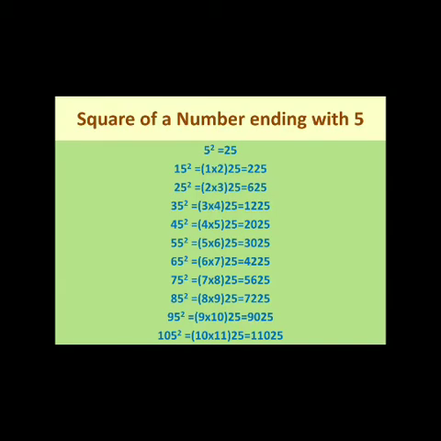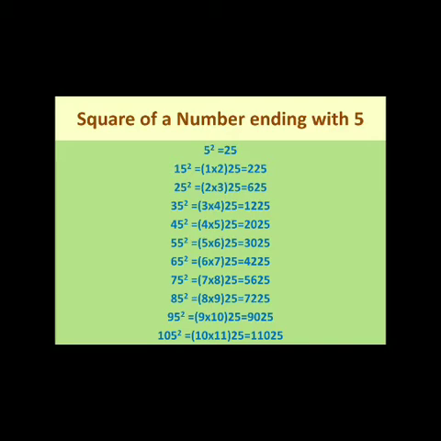In the first slide, children, you will see that the numbers are given ending with 5. So to find the square of any number ending with 5, what am I going to do? I will write the last two digits as 25. Then the number remaining, suppose I take the example of 15.